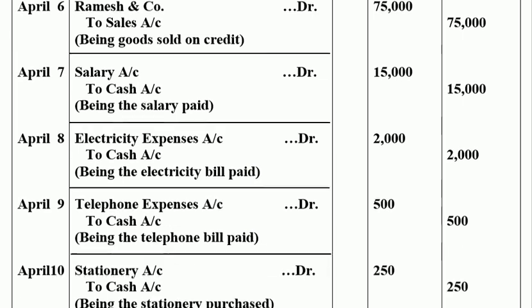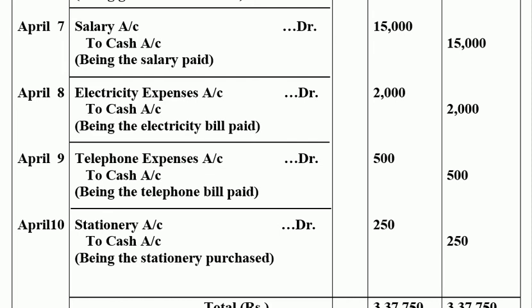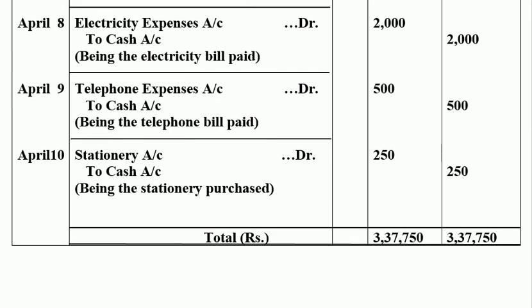Now comes the next one, that is April 9, and April 9 shows the transaction is paid telephone bill. Telephone expenses is also an expense for us, that's why the entry will be telephone expenses account debit to cash account, being telephone bill paid 500.